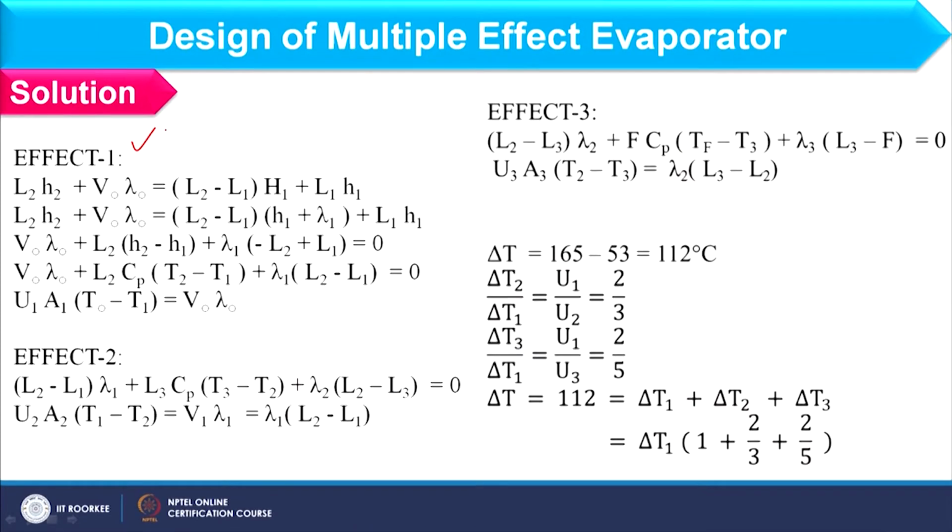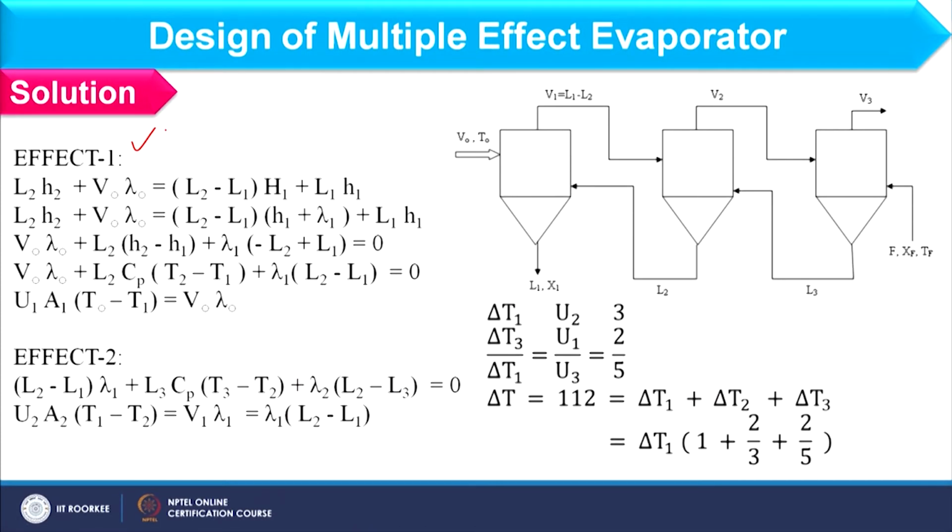Let me first focus on effect 1, and this is basically the schematic of it. When we consider the first effect, whatever streams are entering, like V naught and L2, and the streams which are exiting, like V1 as well as L1, all these we have to consider, because we have to make the material and energy balance, and for that we basically make an envelope around the system.